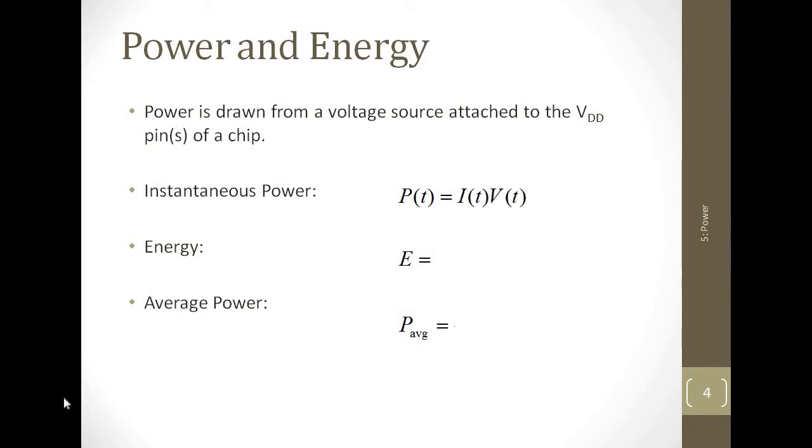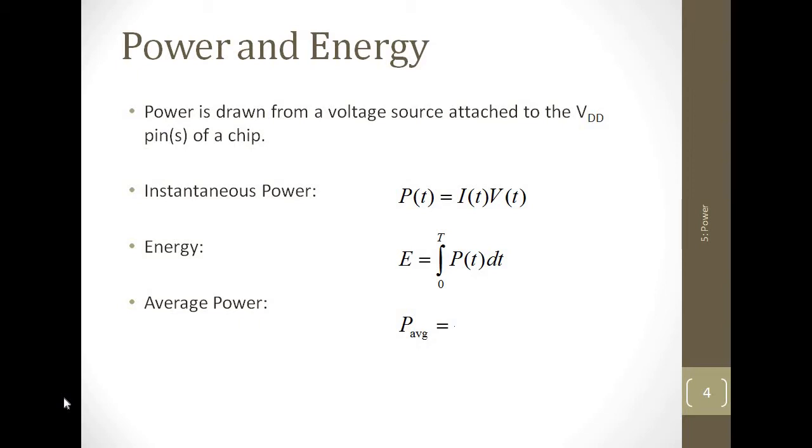So instantaneously, as time changes, the power drawn is also in terms of current and voltage at the same time. Next, the energy is given by the formula integral 0 to t of P of t into dt.